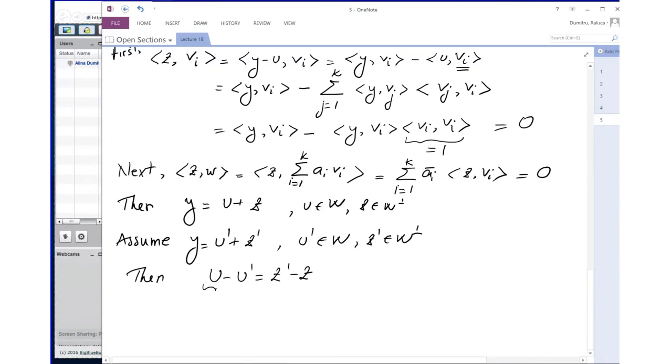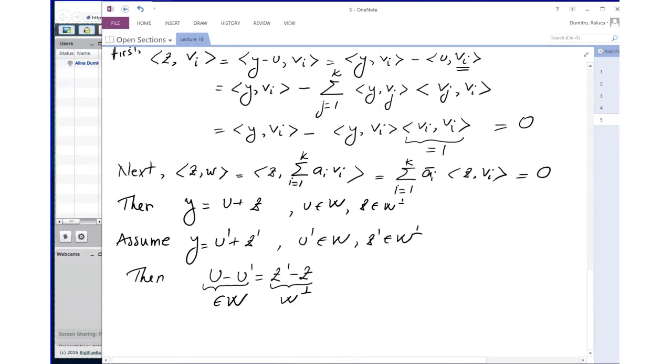Why do I want to write them like this? u and u prime were in W, right? W was a subspace, so the difference is still in W. z and z prime were in W perp. W perp is always a subspace, as we noticed, right? So the difference is also in W perp.